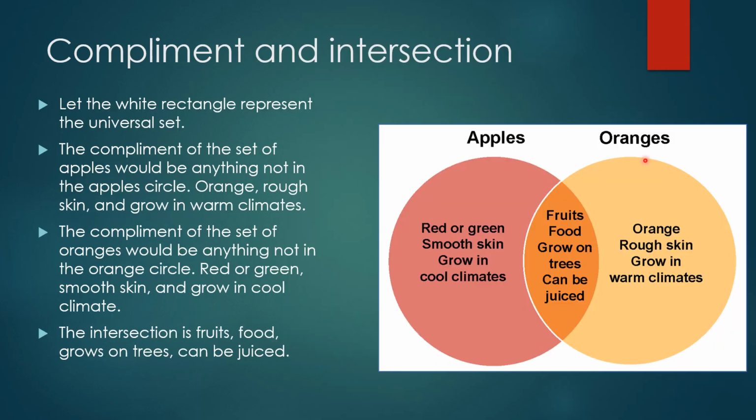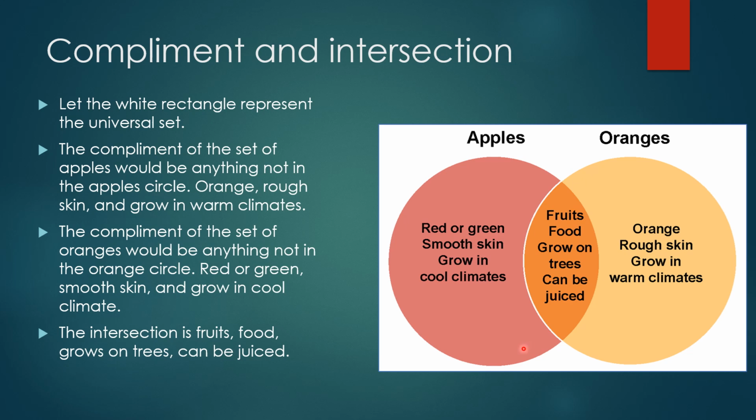Let's let this whole diagram be the universal set, and we have two subsets, apples and oranges. Let's suppose that we look at apples. Apples are red or green, they have smooth skin, and they grow in cool climates. They also share the fact that they're fruits, they're food, they grow on trees, and they can be juice. Those are all things that oranges also do.